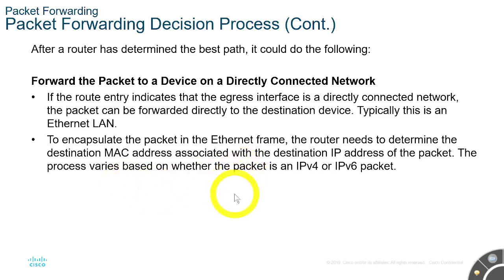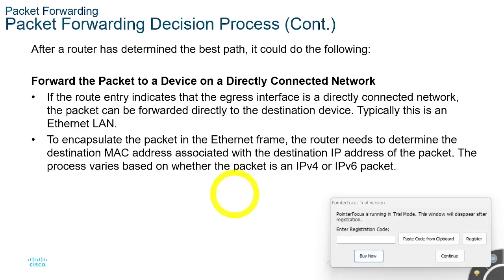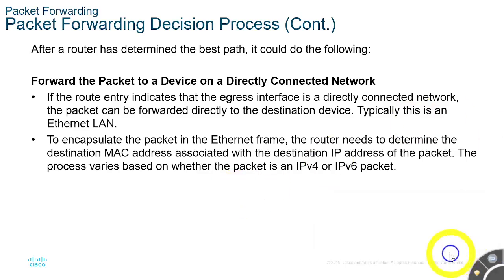Okay. How does the router now take the decision? So, the packet forwarding decision process. How does a router, after receiving this packet from the ingress interface, take a decision? After a router has determined the best path, it could do the following.